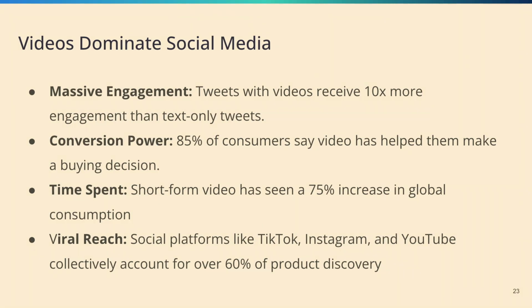Short form videos have seen a 75% increase in global consumption. That's global. Short form videos are videos less than 90 seconds. Users are spending an enormous amount of time on TikTok and Instagram Reels. There are platform-specific lengths. Optimal video lengths vary from platform to platform depending on what you want for maximum reach.